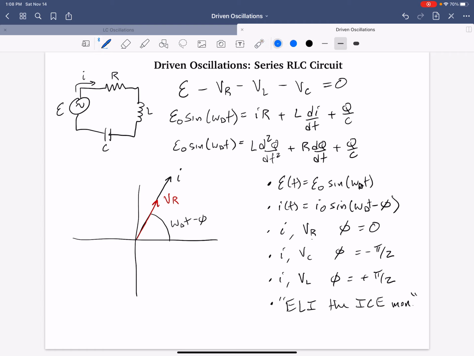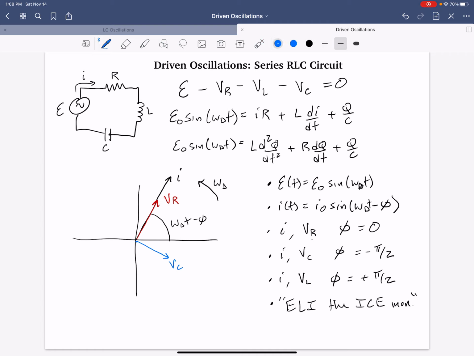And I didn't specify that these are all moving counterclockwise at the driving frequency. That means that the voltage for the capacitor is right there. It's behind the current by pi over 2, a right angle.